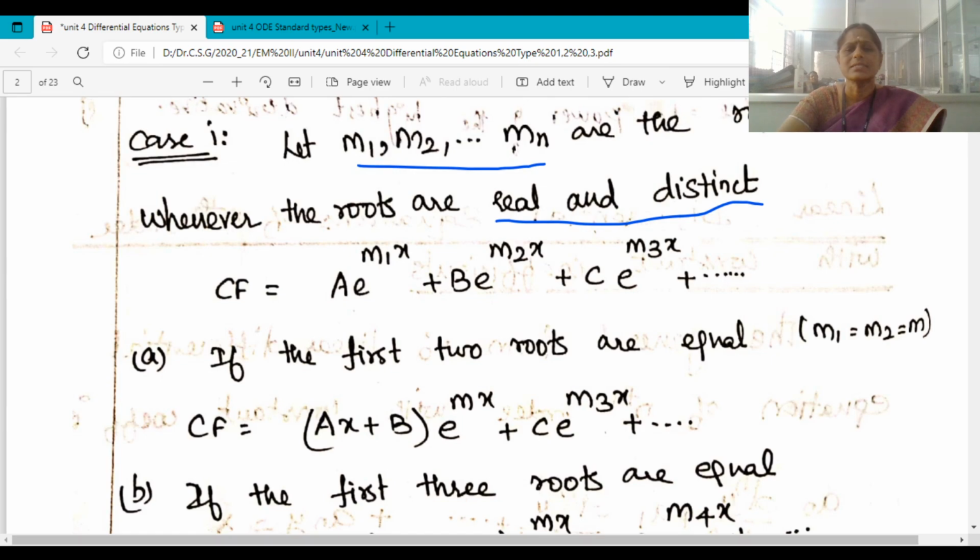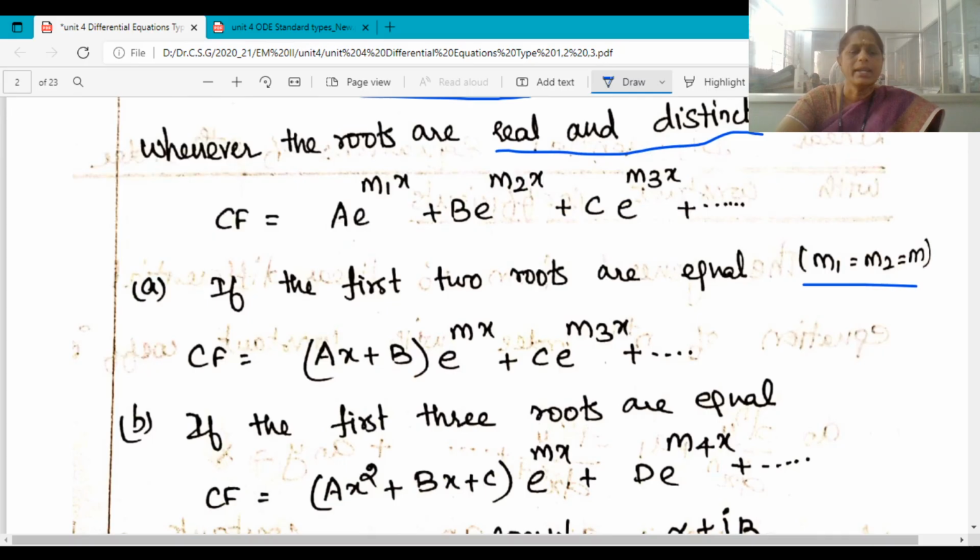In this case the complementary function is a e power m1x plus b e power m2x plus c e power m3x plus etc. Among the n roots, if two of the roots are equal, that is m1 equal to m2, then the complementary function is (ax plus b) into e power mx plus c into e power m3x plus etc.